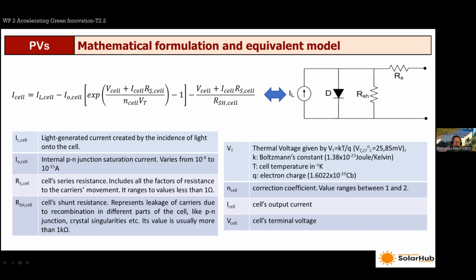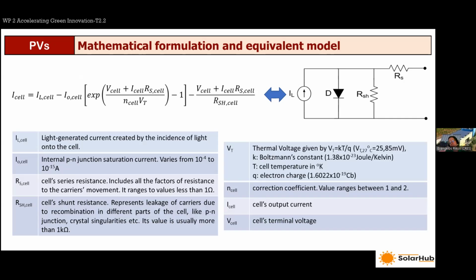We have also some parasitic effects describing the energy loss during the operation of the cell, like a series resistor here and a shunt resistor here. And all this formulation can also be represented in the form of an equivalent circuit.